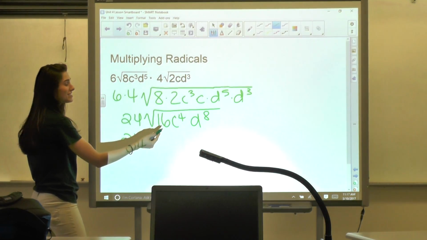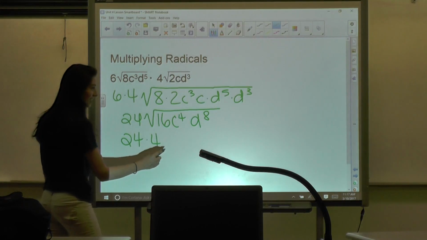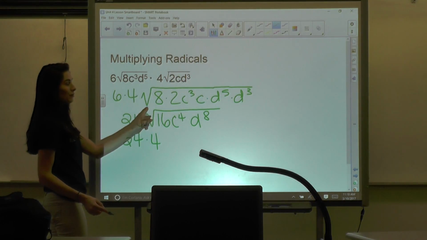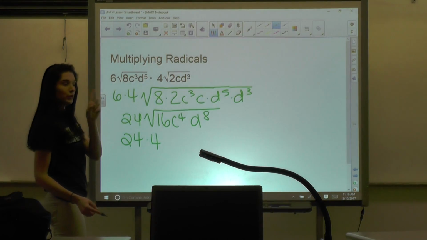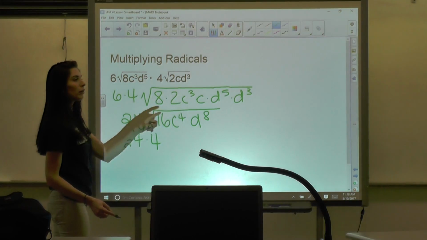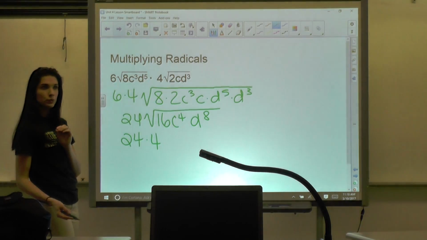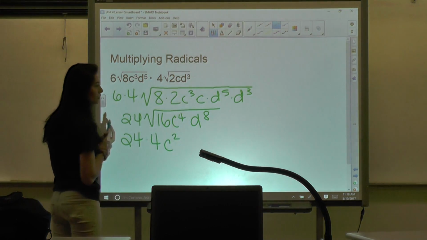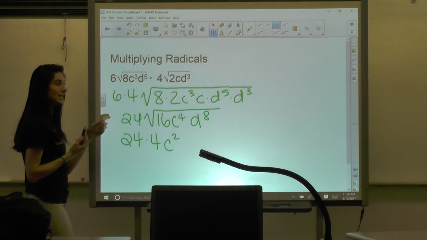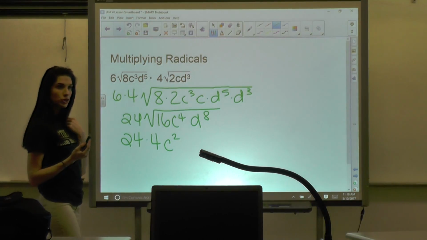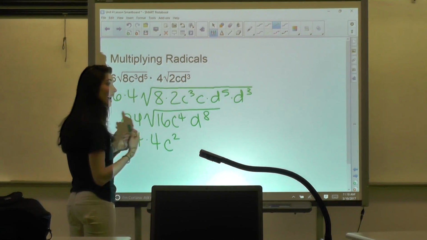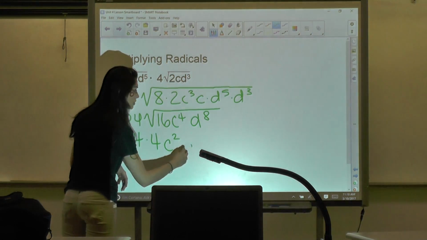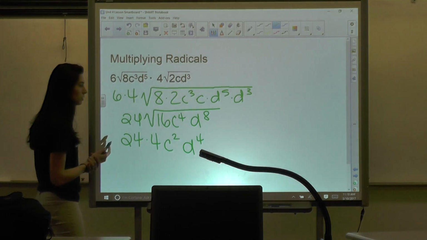So the square root of 16 is 4. So if I have a square root, I have to have 2 in order to bring out 1. So c to the power 4, what's 4 divided by 2? 2. Would I have any left over? So bring out a c squared, no c's left over. D to the power 8, what is 8 divided by 2? 4. Would I have any left over? No. So d to the power 4 can come out.